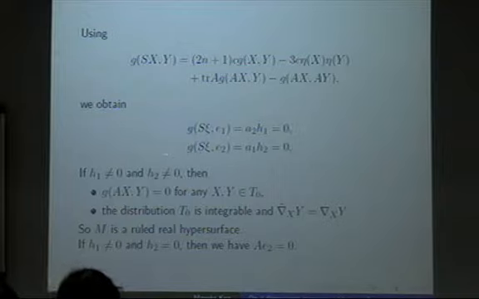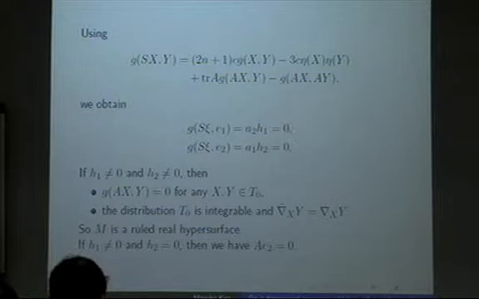So by the straightforward computation, A satisfies one of the following. When h1 is not equal to 0, then the shape operator vanishes on the holomorphic distribution T0, and it is integrable, and the integral manifold is totally geodesic.